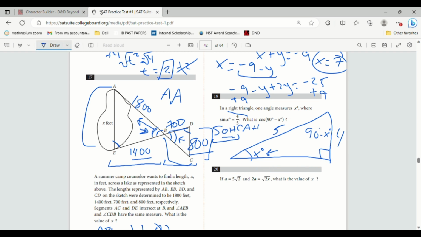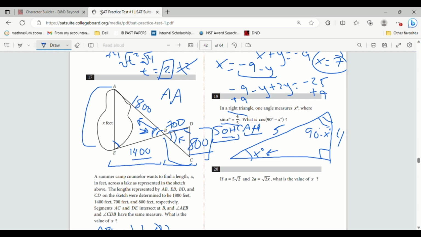Now we're going to figure out what cosine is. First we established that this side is 4 and this is 5 based on our sine, because they gave us it. Now we are asked to find cosine of 90 degrees minus x degrees, which is this angle right here. Cosine is adjacent over hypotenuse.